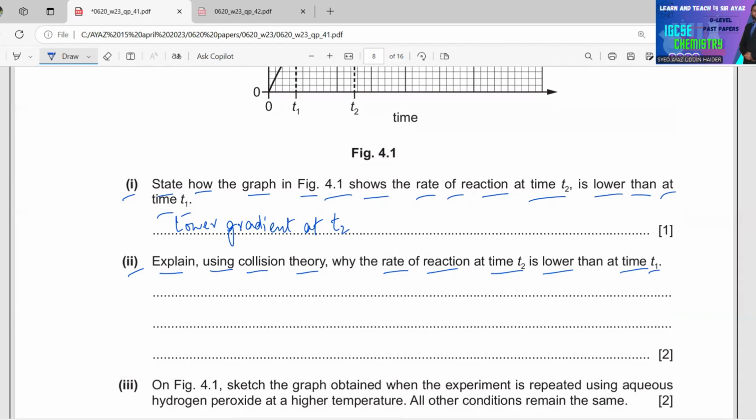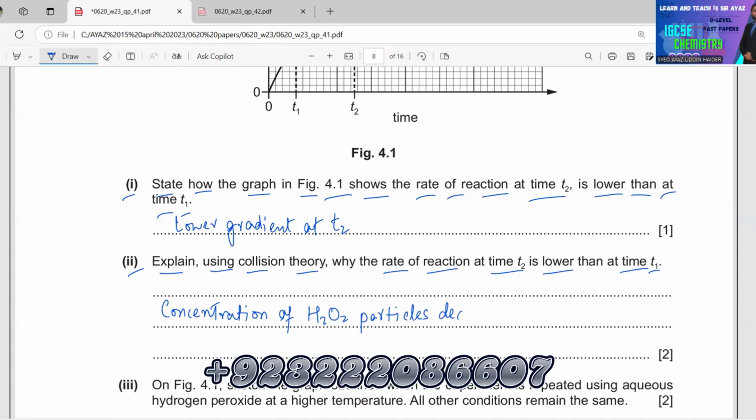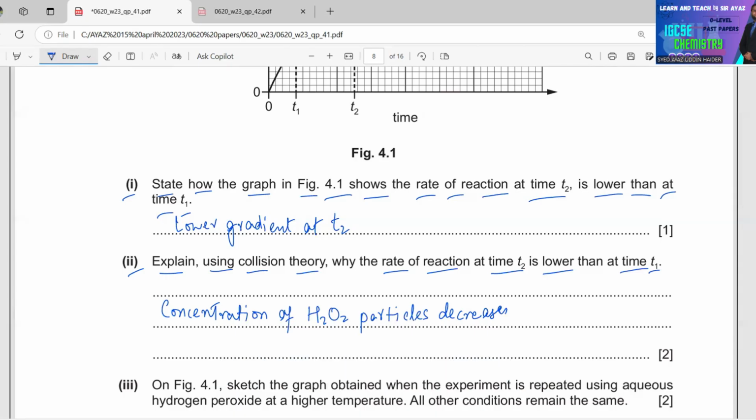So you can write: concentration of H2O2 particles decreases, which means there will be lower frequency of collisions between the particles.